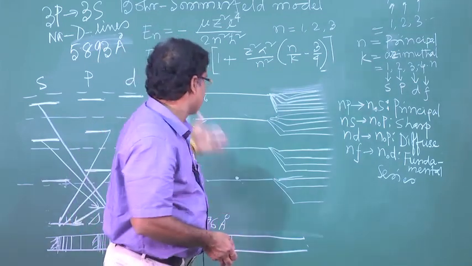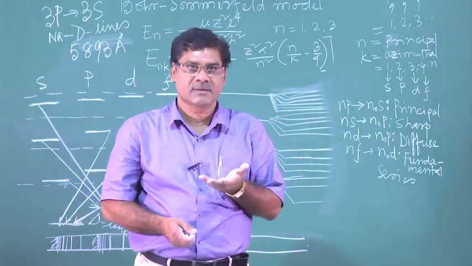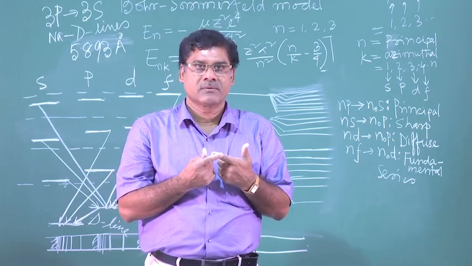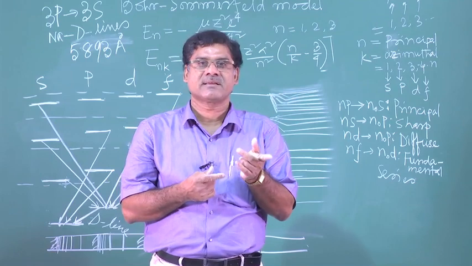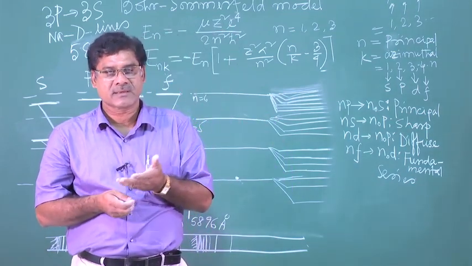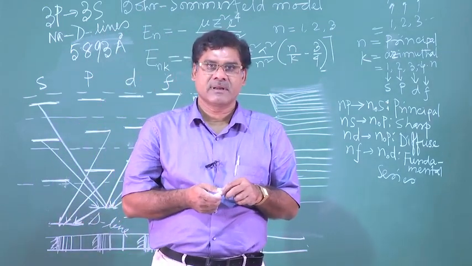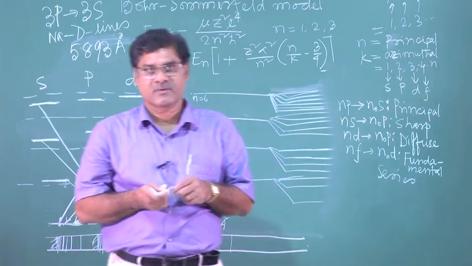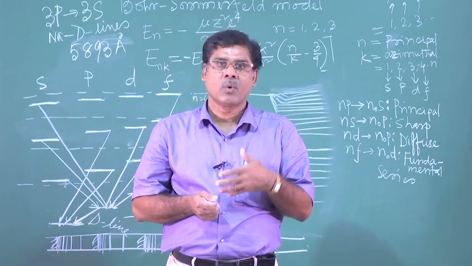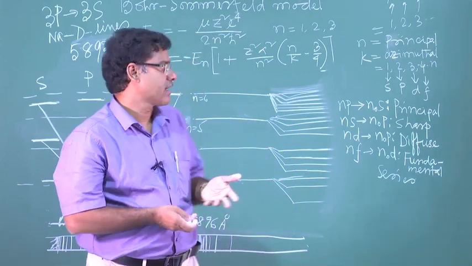It also cannot explain the origin of the Zeeman effect when a magnetic field is applied. Each line is split into 3 lines in the normal Zeeman effect, but in the anomalous Zeeman effect, for a weak magnetic field, it is split into even more lines. From where these lines are coming, that could not be explained.